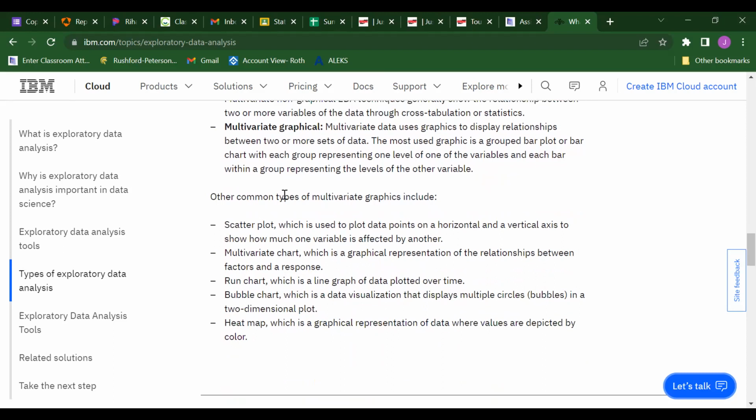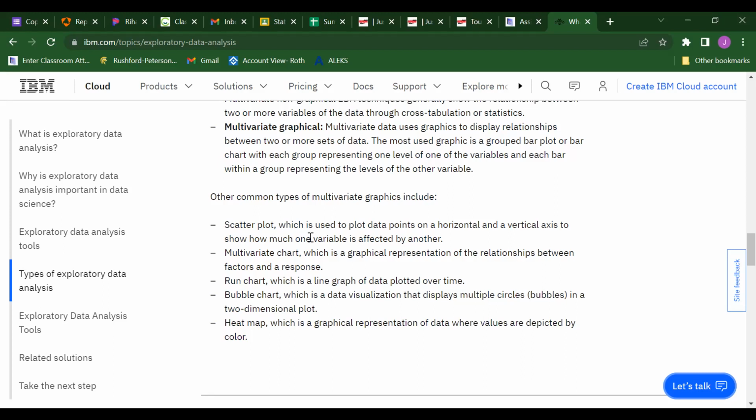Other types of common multivariate graphics include, well, we talked about all these yesterday. Scatter plot, right? We're using dots to represent cause and effect between 2 different variables. Yesterday we did a time series graph, which represents how things are changing over time. So our variable 1 is time, and another variable is whatever other thing we're studying.